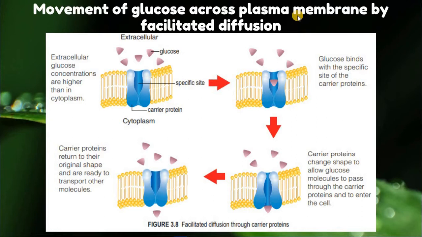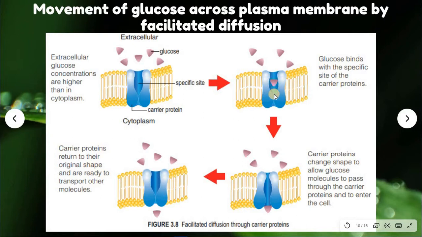Now we are going to discuss the movement of glucose. Look at the diagram here. First, extracellular glucose concentration is higher than in the cytoplasm. On the extracellular side, there is a higher concentration of glucose. Second, glucose binds with the specific site of the carrier protein. So this is a glucose.